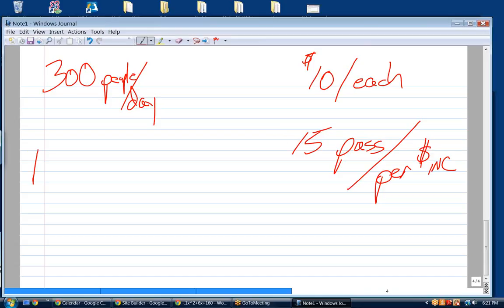So let's see. Our revenue function, what are we going to let the variable be? Alright, so 300 people minus x. We're going to let x be the number of people less than 300.